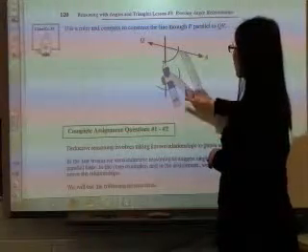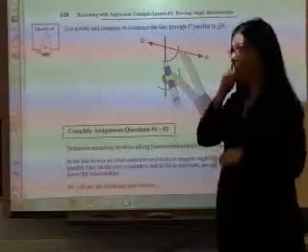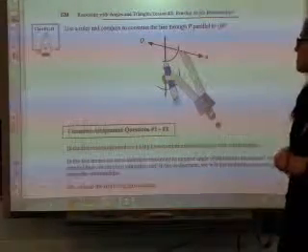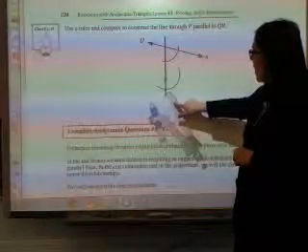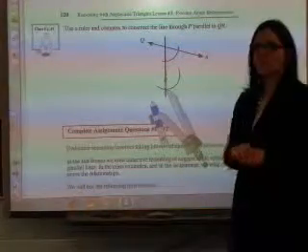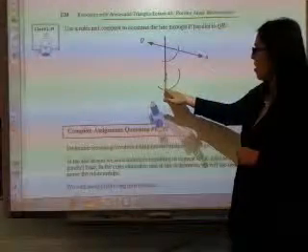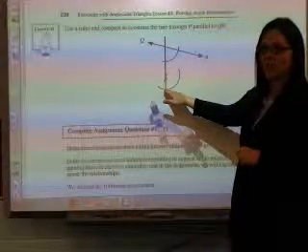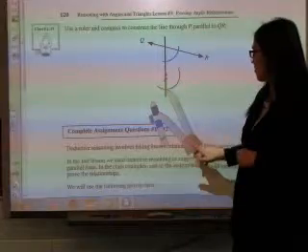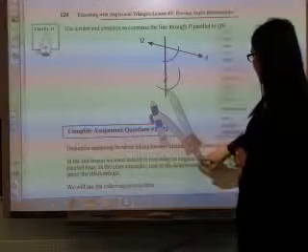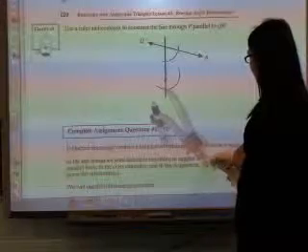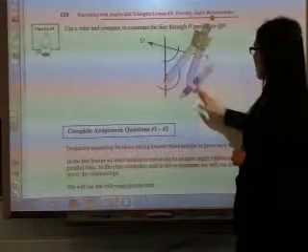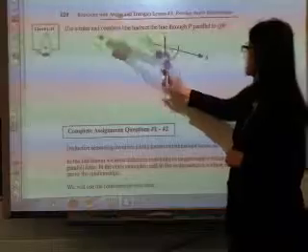And this is the part that I want to do carefully, if I can. And then I will put that compass point on this arc that I created that intersected that line going through P. And then I'll draw another arc.